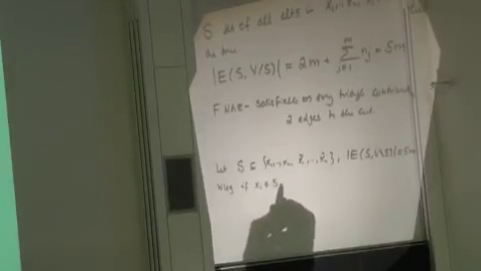Now I want to construct a satisfying assignment from this. So without loss of generality, if xi is in S, then xi bar is not in S. Why? That's the key of the whole thing.